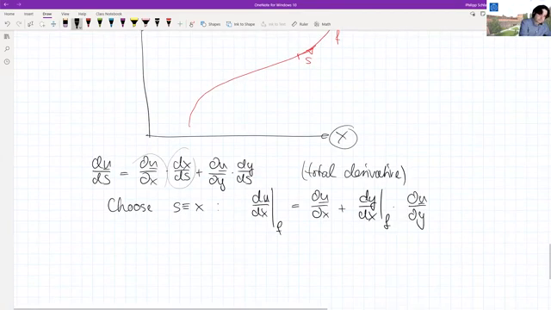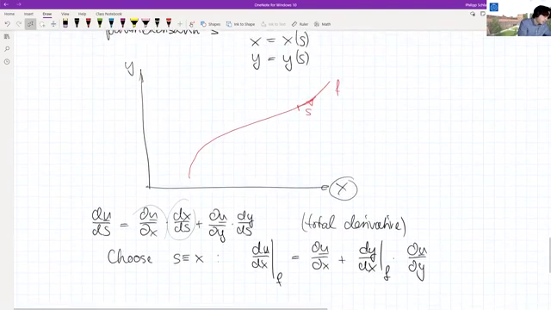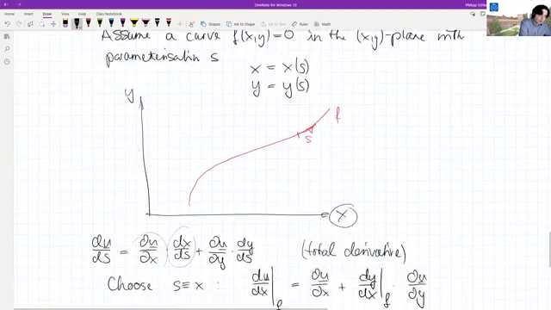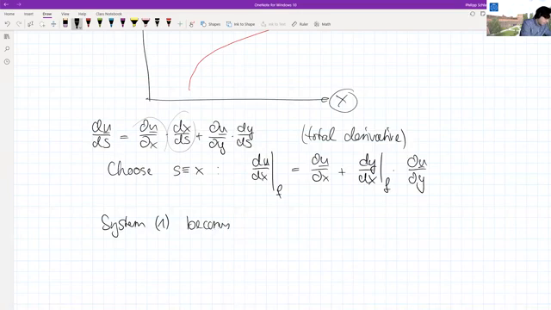Now, I have this equation, plus I have my original partial differential equation in equation number 1. And I can combine these two equations. So system 1 becomes, when eliminating this du dx term.